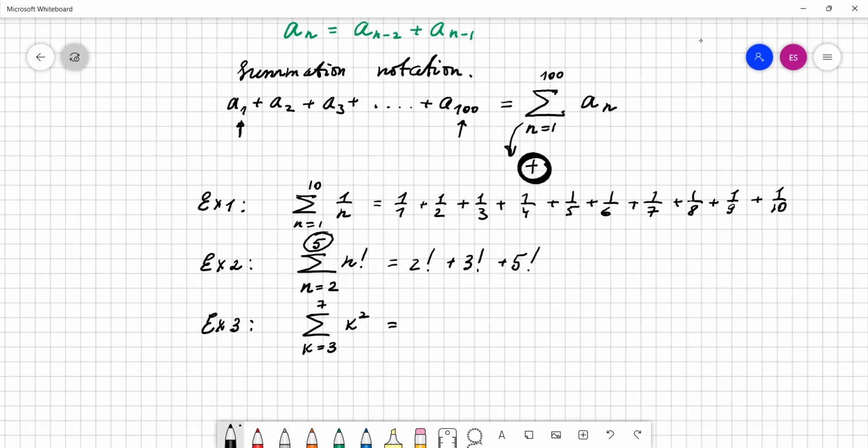Usually people use letters like n, m, l, k, but you can also call it x. You just understand that this variable can be only natural numbers. So we're going to have 3 squared plus 4 squared plus 5 squared plus 6 squared plus 7 squared. So the last number is 7 and the first number is 3.